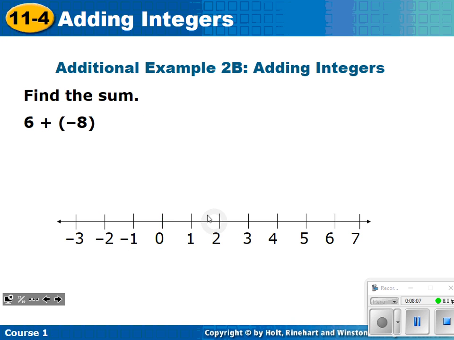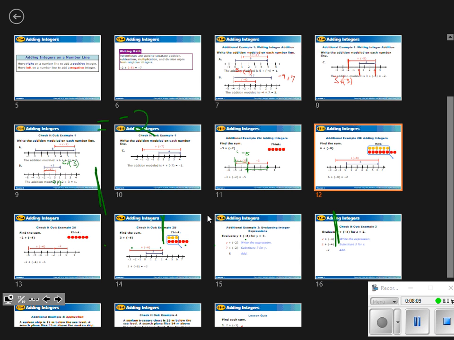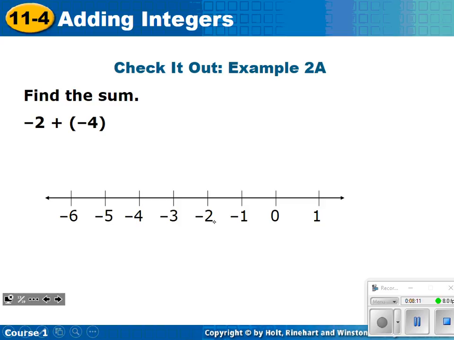So, you guys give me the answer to this one. If you want to use the number line, you can. If you don't, I'm okay with it. Look at that. Looking good.